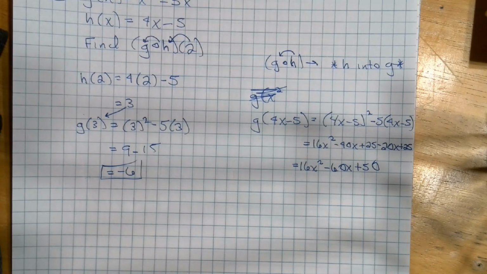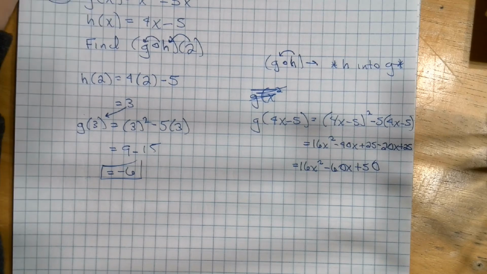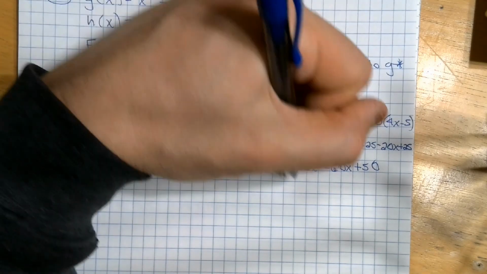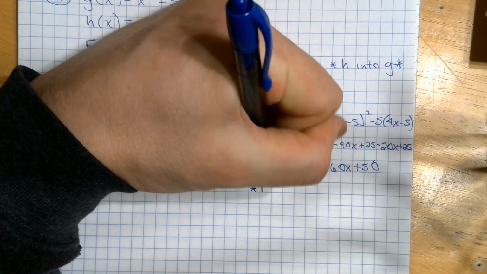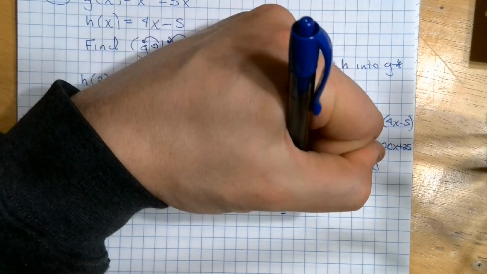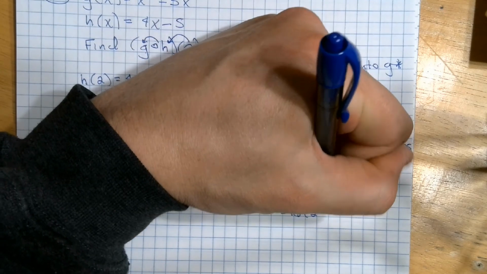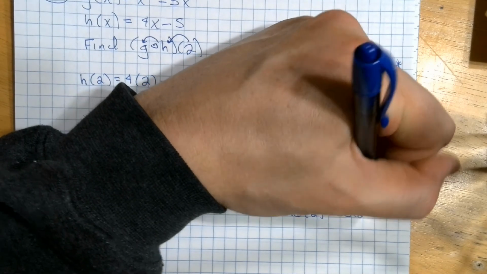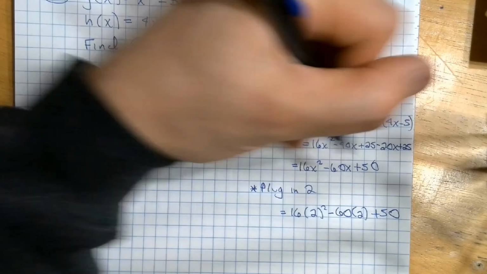And now I'd have to take this equation, assuming it's right, and I'm not sure if it is or not, and now I'd have to plug in 2. And so I get 16 times 2 squared minus 60 times 2 plus 50.